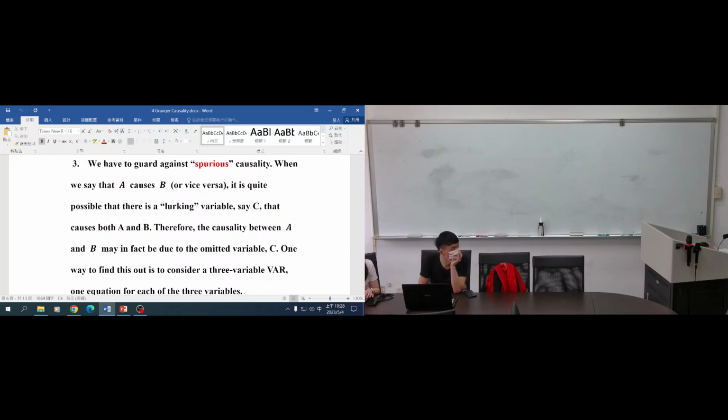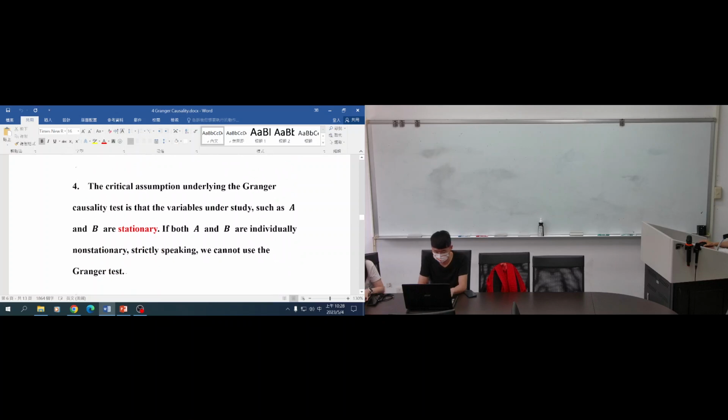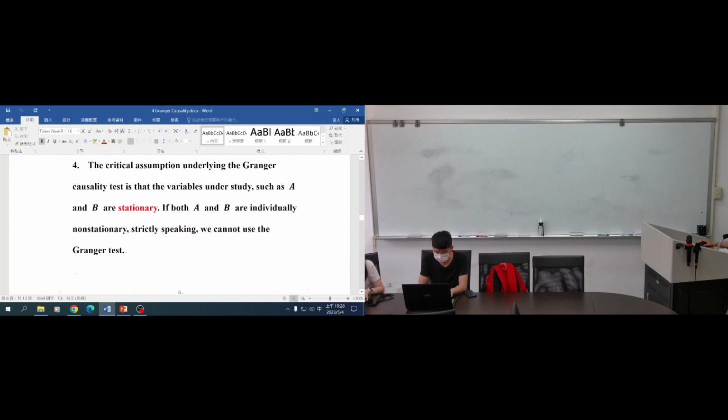Okay? All right. Then the fourth one we need to know, and this is also important, is that the critical assumption underlying the Granger causality test is that the variables under study, such as A and B, are stationary. I think this is the main topic we want to discuss today. Time series data is usually non-stationary.